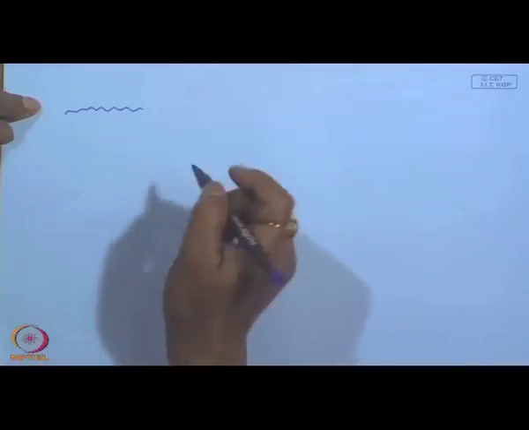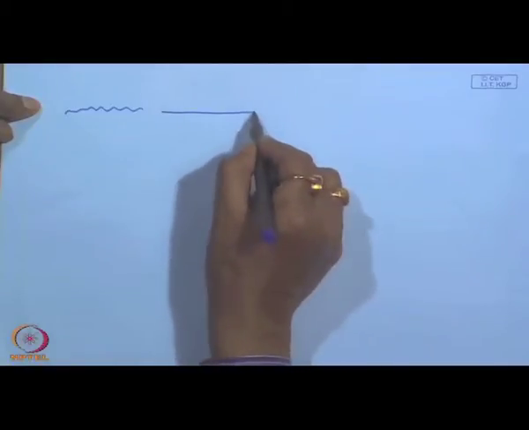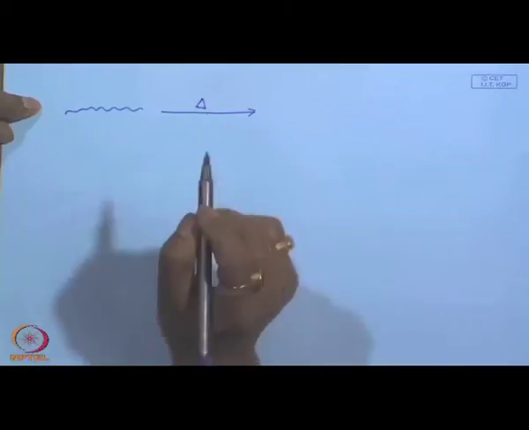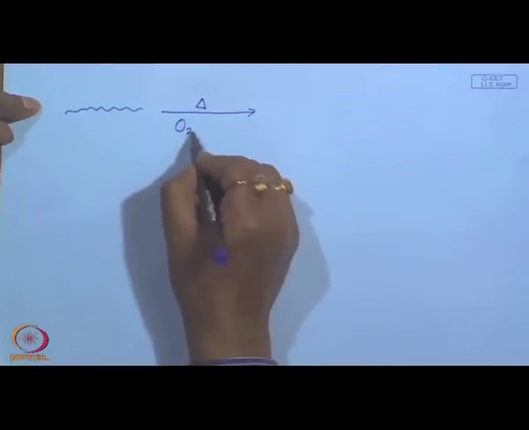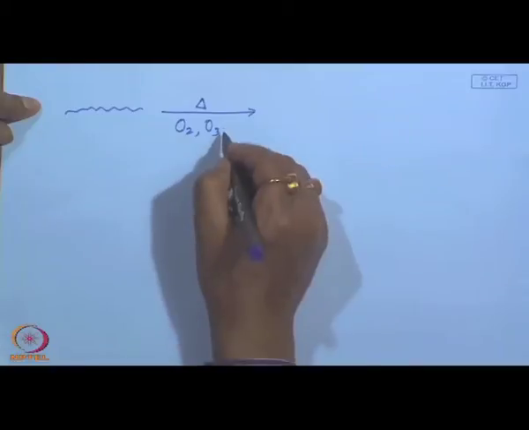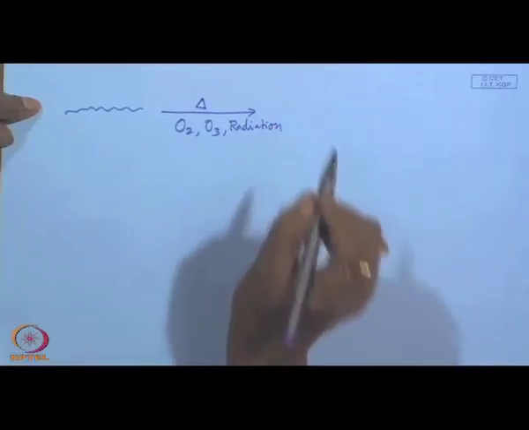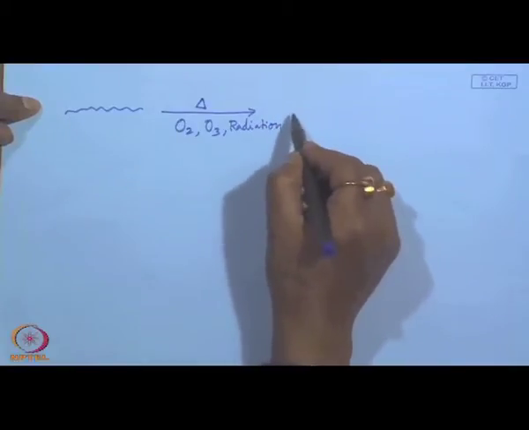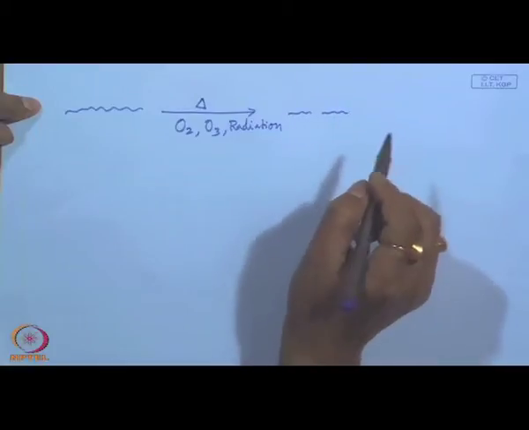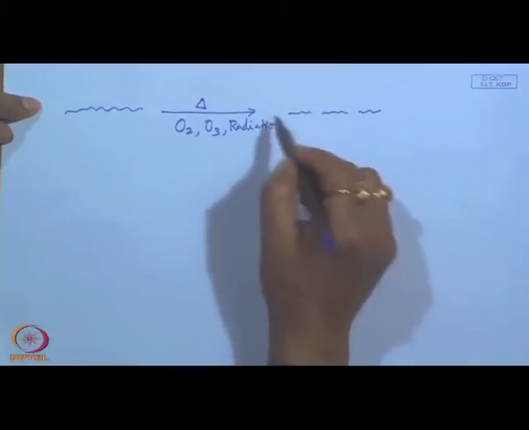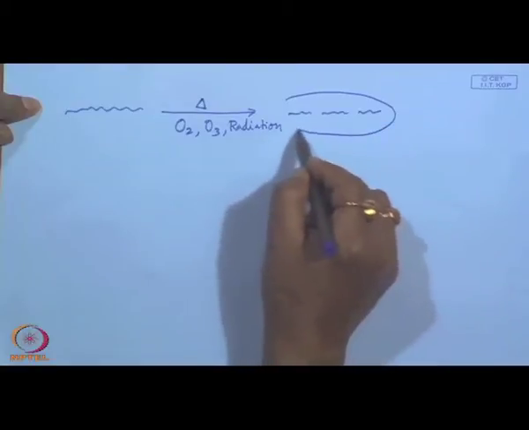Degradation, I mean a polymer say having this kind of molecular configuration, with these environmental agencies containing thermal influence or oxygen, ozone, radiation, etc. This degrades the polymers into shorter fragments like this, and the molecular size of the polymer as a whole is reduced.